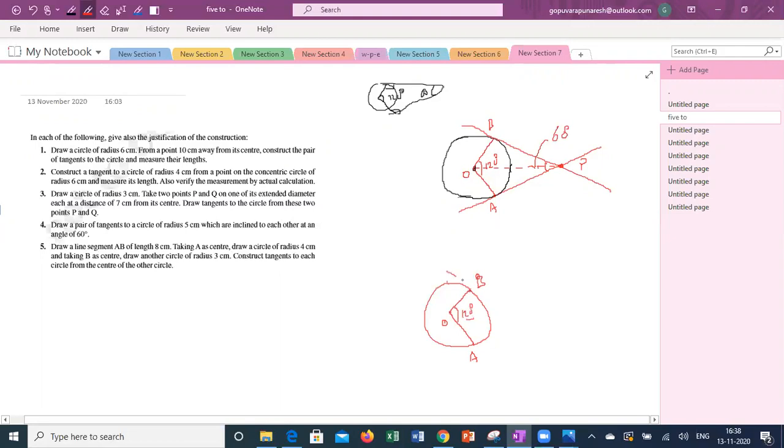So at B, draw the perpendicular line. At A, draw the perpendicular line. They will meet at one point.